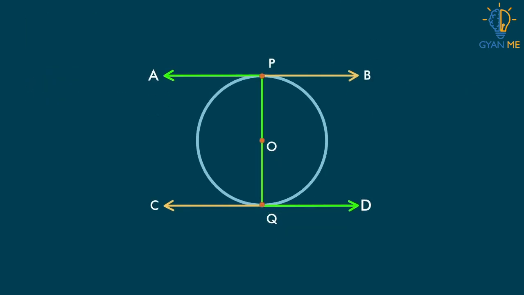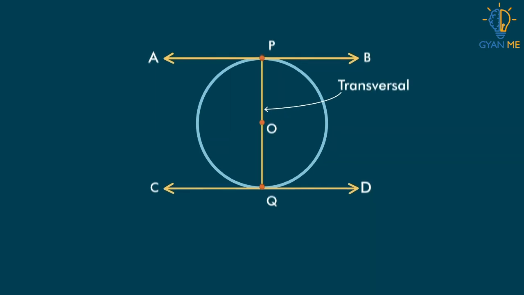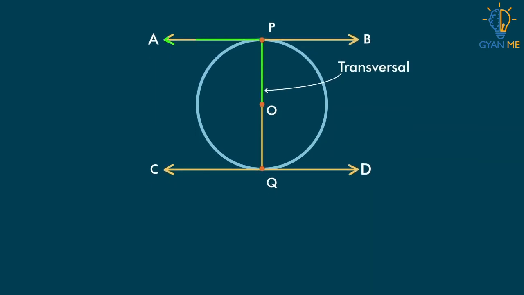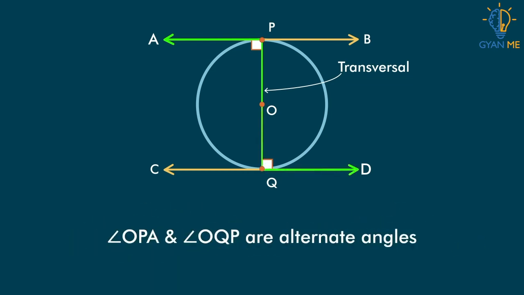Now here in our case, consider AB and CD as two lines and PQ as their transversal. Therefore, angle OPA and angle OQD become alternate angles.